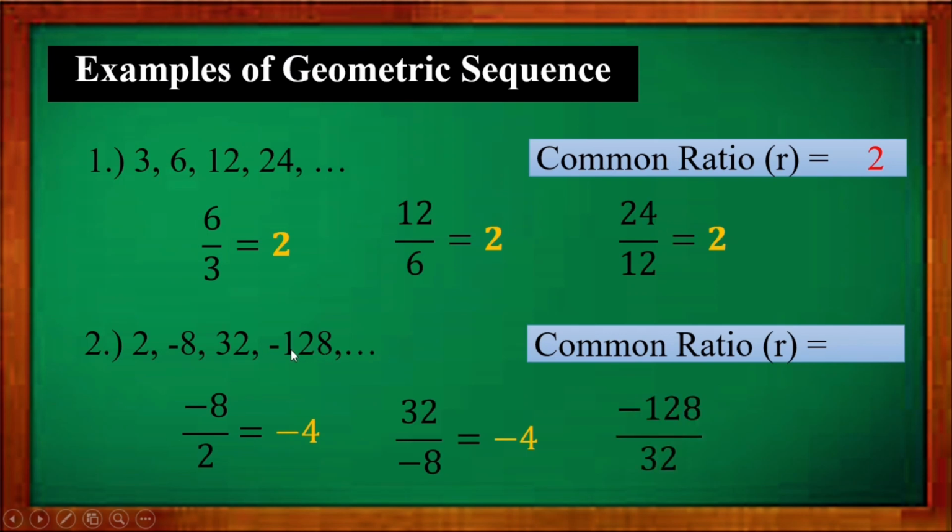And negative 128 divided by 32 is also negative 4. Since it has the same quotients, we can say that the sequence 2, negative 8, 32, and negative 128 is a geometric sequence since it has a common ratio of negative 4.